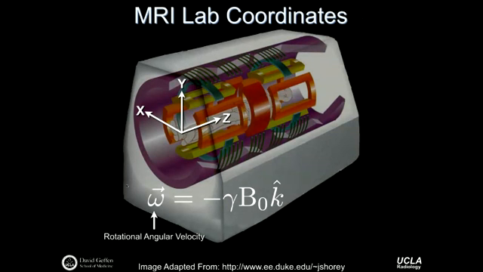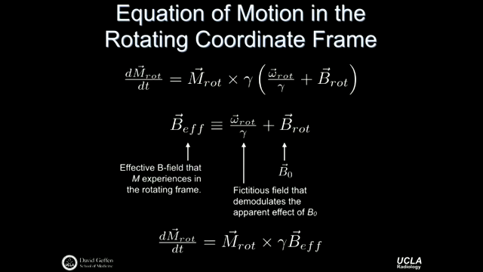And we know that the rotational angular velocity just depends on the B0 field that we're using and the gyromagnetic ratio of the species of interest. The laboratory coordinate system is useful, but we really want to make this transition over to the rotating frame. So how do we do that?